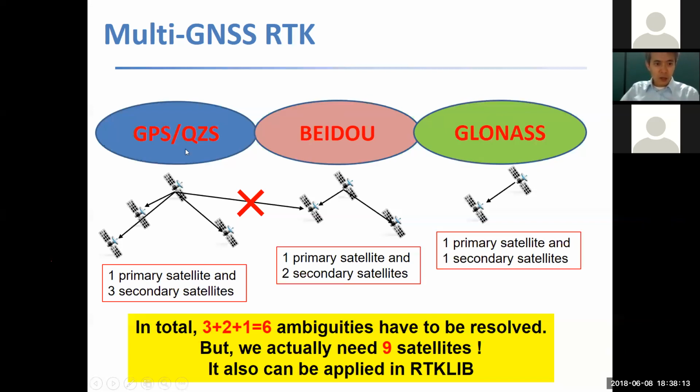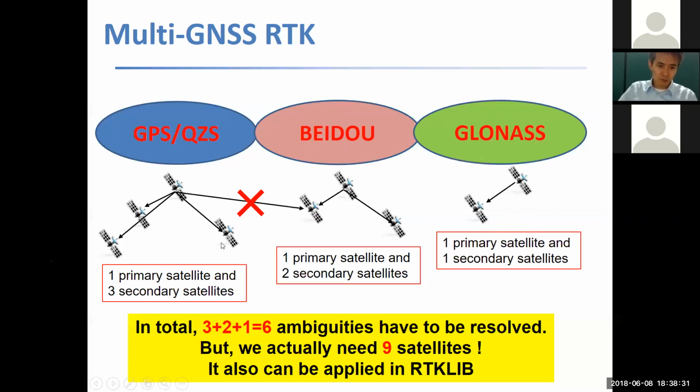So that's why GPS, QZSS 4 satellites, Beidou 3 satellites, GLONASS 2 satellites, in total 9 satellites we have.